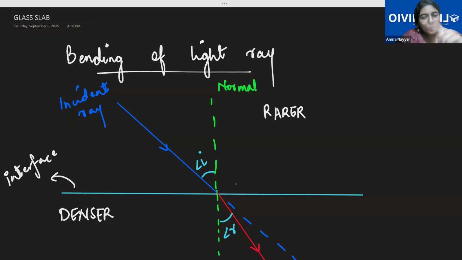And then Snell's law gives the refractive index also. Tell me about that. Sin i by sin r. Sin i is the angle with the real depth, and sin r is the angle made with the apparent depth. And it's equal to the refractive index, n2 by n1.